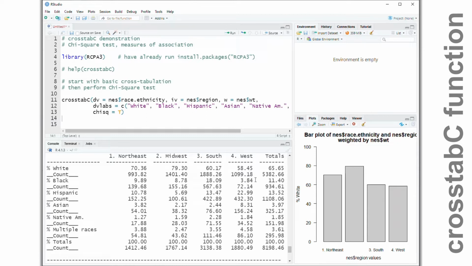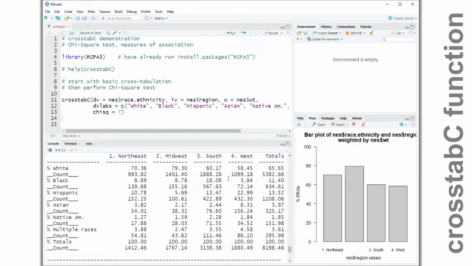So the chi-square test has as data points for its analysis all the cells, and there are 4 columns and 6 rows. So it has 4 times 6, or 24 total cells.